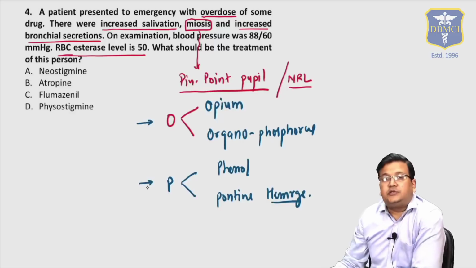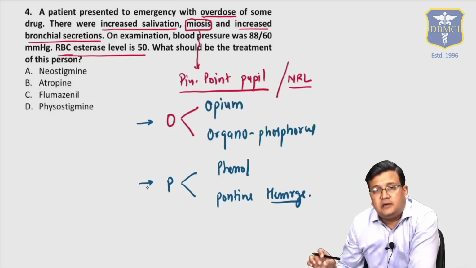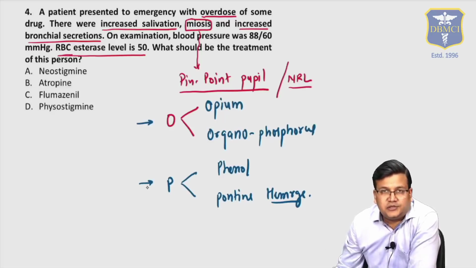These are the situations where pinpoint pupil can be present. Opium poisoning, organophosphorus poisoning, phenol poisoning, or pontine hemorrhage.